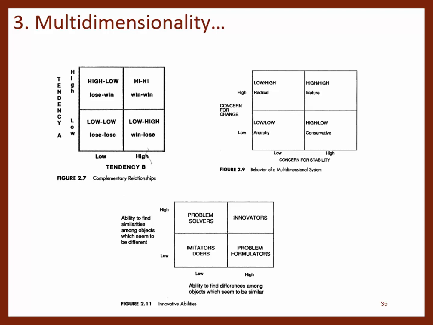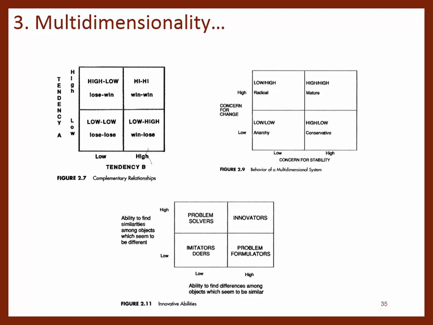This is a common one in which you establish your preferences, this type of exam, right? Then based on those exams, you get to know if you have this type of leadership style and so on. For instance here, concern for change and concern for stability. Based on that, if it's high-high, then you are mature. If it's high-low, your type of thinking is conservative. If you are low-high, then you're radical, and so on.